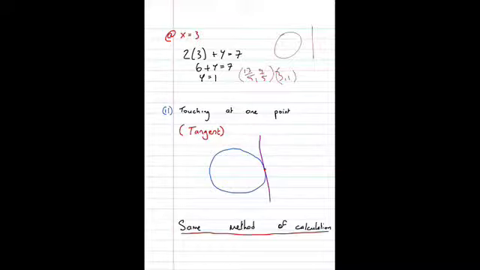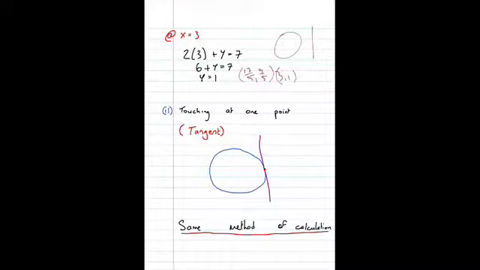Right. What's the tangent? Do you ever do a tangent? No. Do you know what a tangent is? Where the line touches the circle, yeah, at one point. That's what a tangent is.